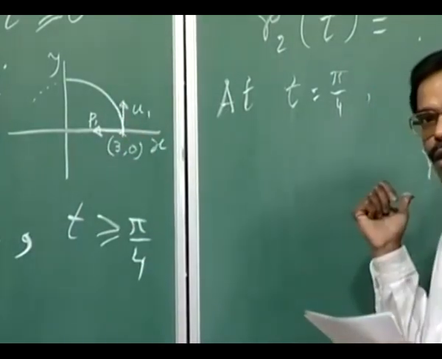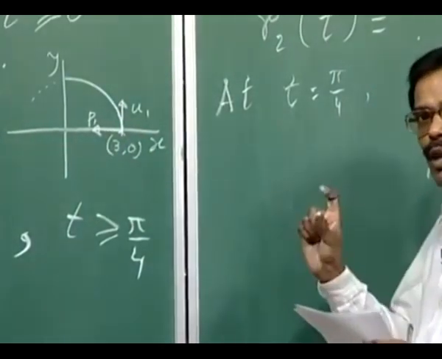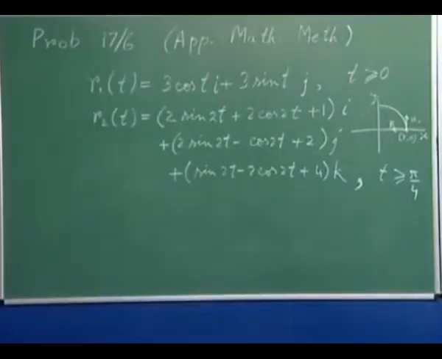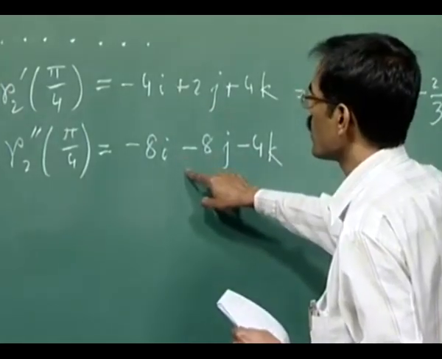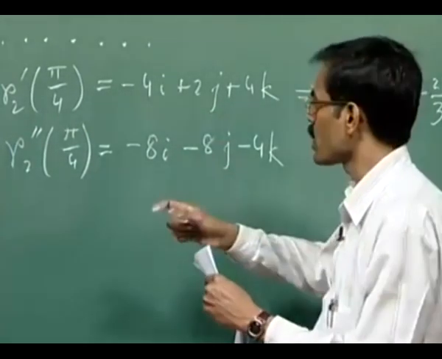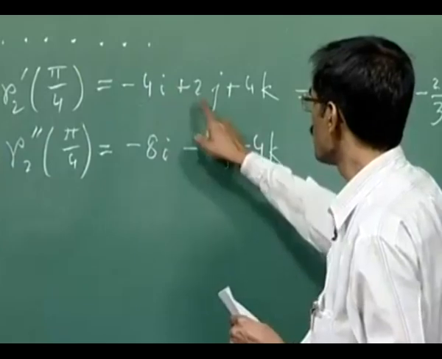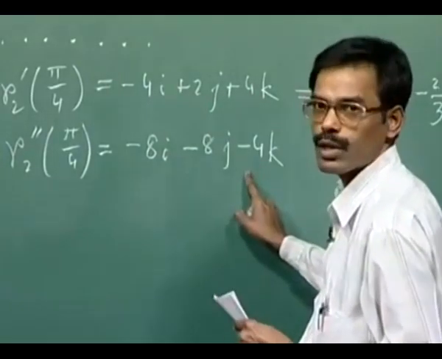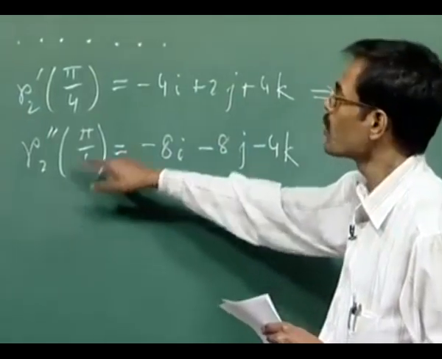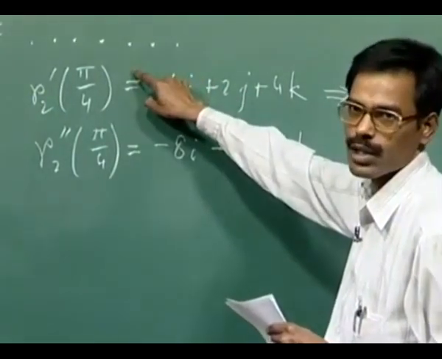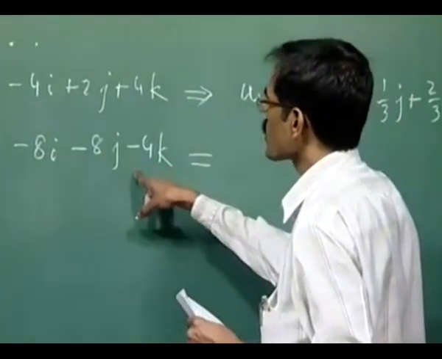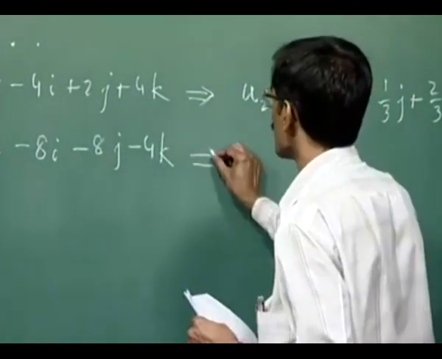If the same thing happens here also, then it is fine, otherwise we will have to subtract that. So, whether this r prime and r double prime are perpendicular to each other, that you can check. So, you get 32 minus 16 minus 16, so 0. So, the dot product between these two is 0, that means this is indeed perpendicular to this. So, that makes our life easy. So, the unit vector along this direction itself is the unit principal normal.